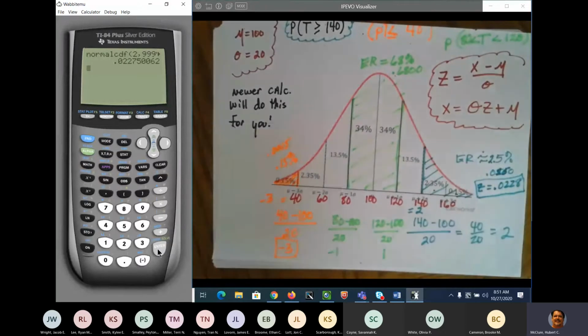Now, if you got a new calculator, you don't have to change it into a z-score. If you have a new calculator, this is what you do. Second, vars, normal CDF. And if you can change the mean and the standard deviation, do it. So from 140 to infinity, and my mean is 100, and my standard deviation is 20.